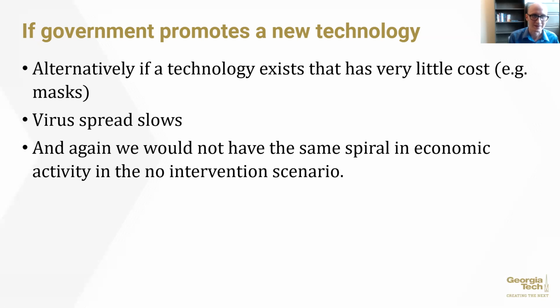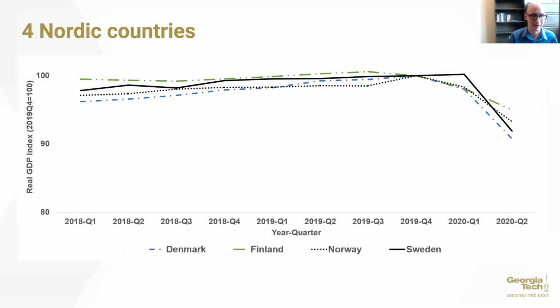There's also a real world example where three countries, Denmark, Finland, and Norway, did severely restrict their economic activity at the beginning, while Sweden chose to take a more laissez-faire approach. At least they didn't put strong lockdowns in place.